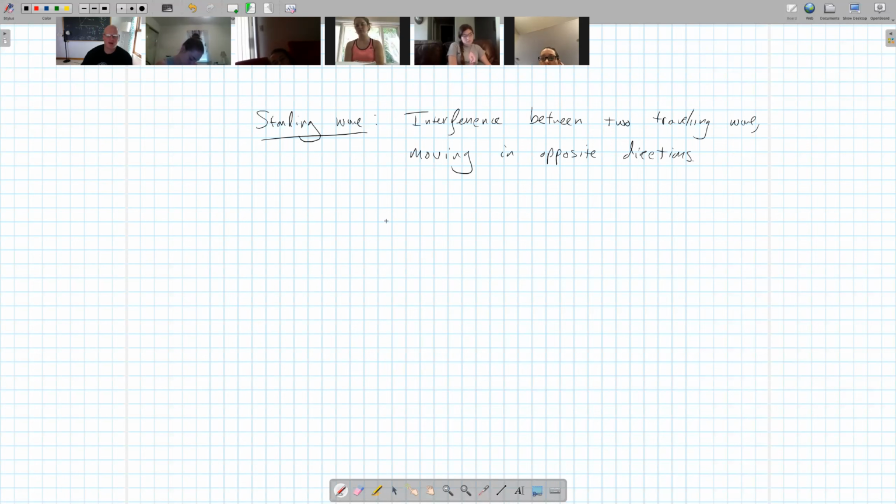And these are described by fixed nodes. So the wave is not moving. The wave is not traveling. And they have fixed nodes.